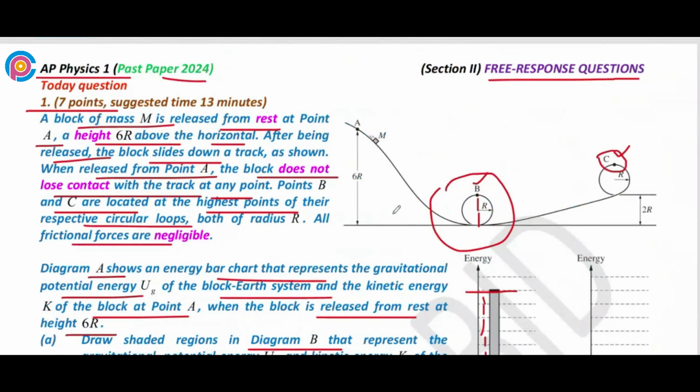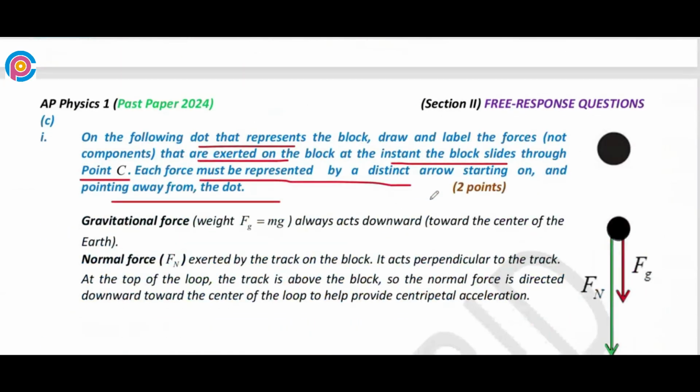The gravitational force, the weight, always acts downward toward the center of the Earth, so that is the gravitational force represented by Fg. Now the normal force exerted by the track on the block is perpendicular to the track.